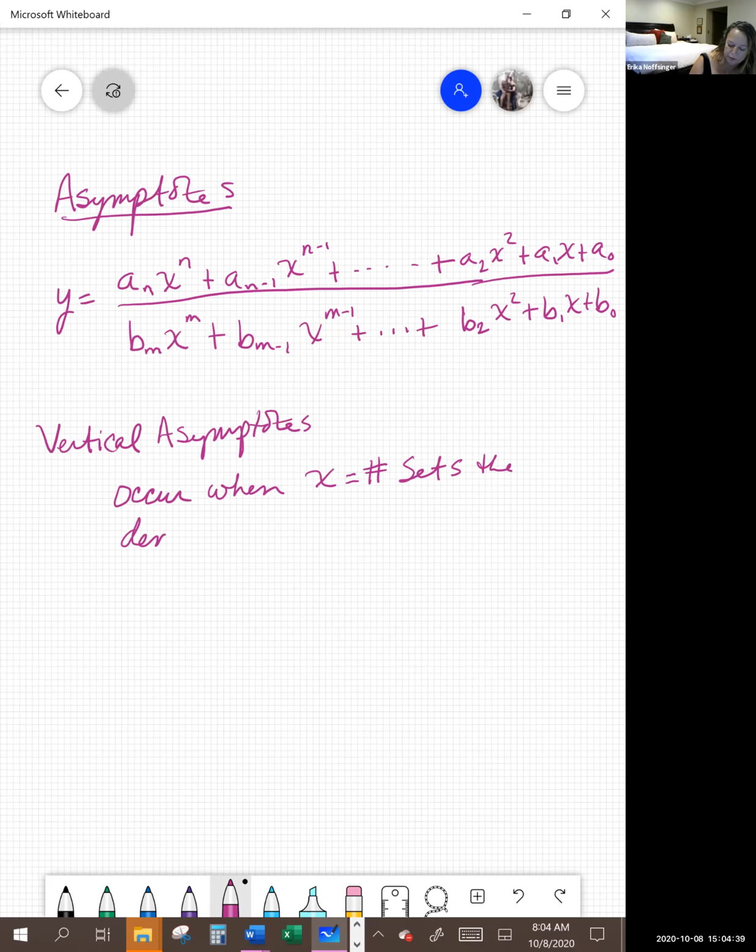If it sets both of them equal to 0, it still can't be in our domain because it sets our denominator equal to 0, but it won't have a vertical asymptote there. If it sets both of them equal to 0, then we have a hole in our graph at that value. So vertical asymptotes occur when x equals a number such that the denominator is equal to 0, but not also the numerator.